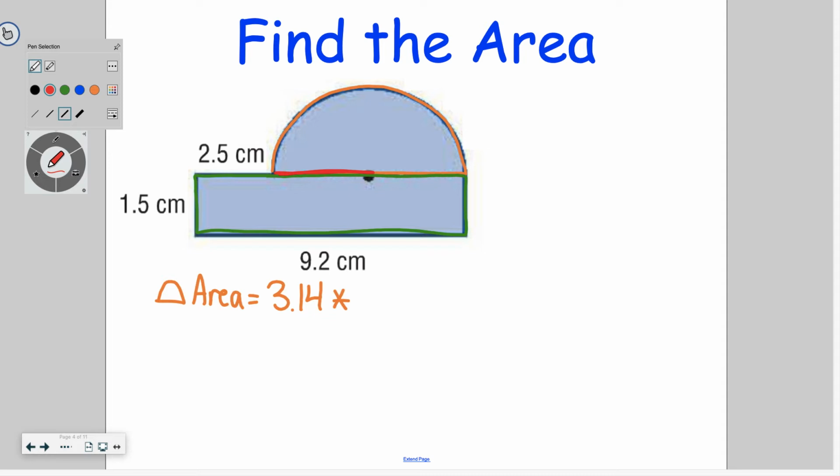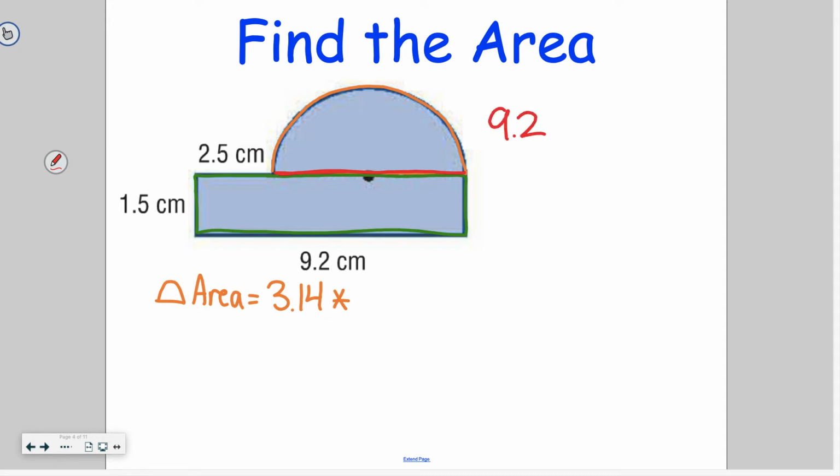In order to find that, I'm going to first figure out how far it is all the way across. In order to do that, I'm going to take my 9.2 and I'm going to subtract 2.5 because the whole way across is 9.2 and this little chunk outside the semicircle is 2.5. When I do that subtraction, I'm going to end up with 6.7.